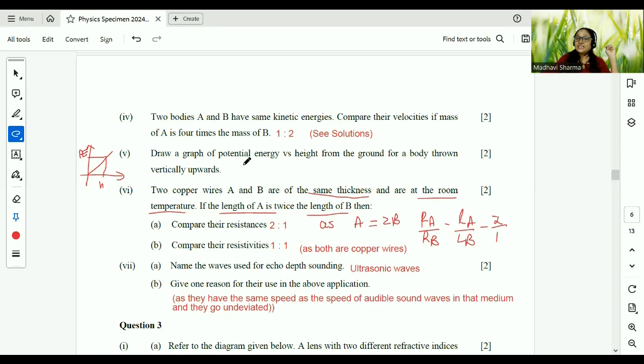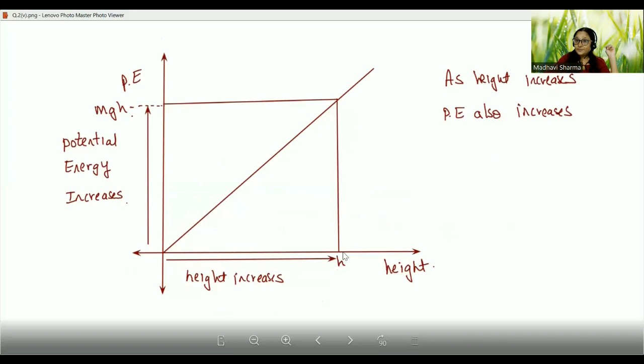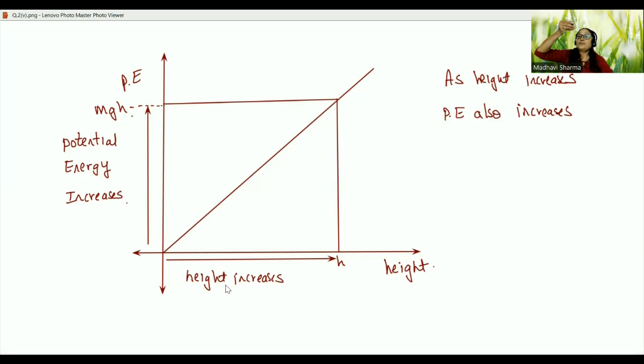Draw a graph of potential energy versus height from the ground for a body thrown vertically upwards. Let me show you. As you throw anything up, the potential energy increases with height.